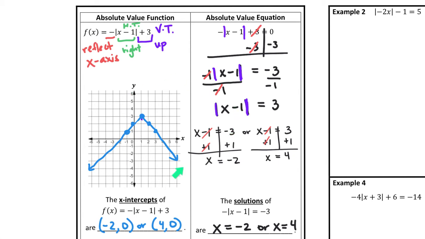So again, we're trying to make that connection that if I graph the absolute value function and that function has two x-intercepts in the graph, then I can also take this function on the left, set it equal to 0, work out the algebra, the math, and I can get two values that give me the same x-intercepts.